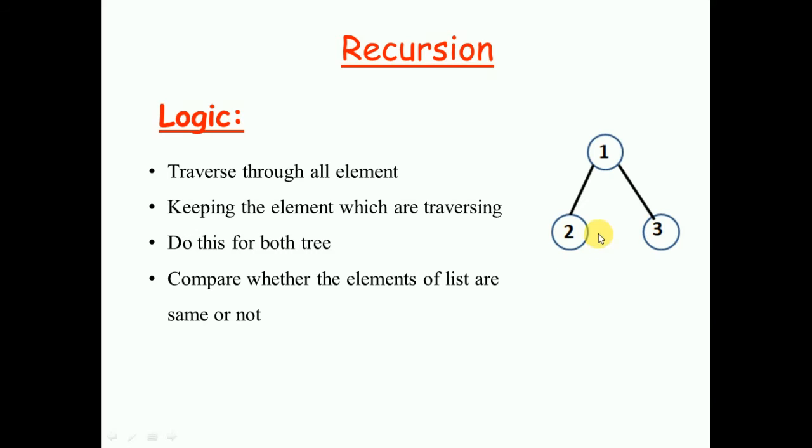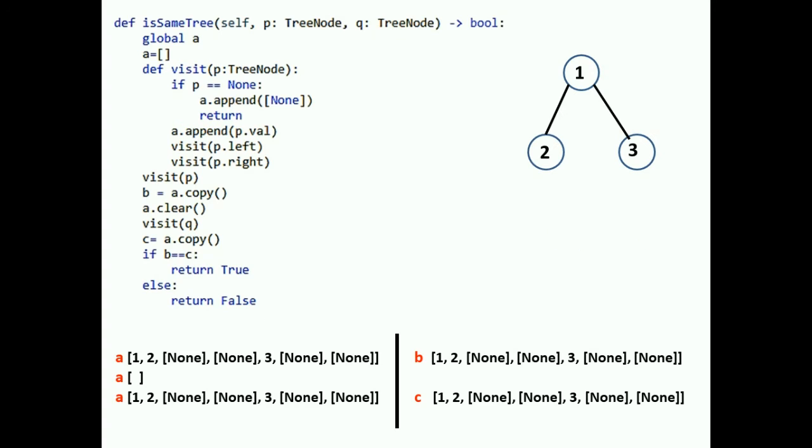If I have another tree of the same, then I will have another list with elements 1 2 and 3, so they are equal, then the structure of the trees is identical. There are many corner cases you might have to take care of. So if you know the logic, then try to implement the problem. If not, then I will be here to help you.